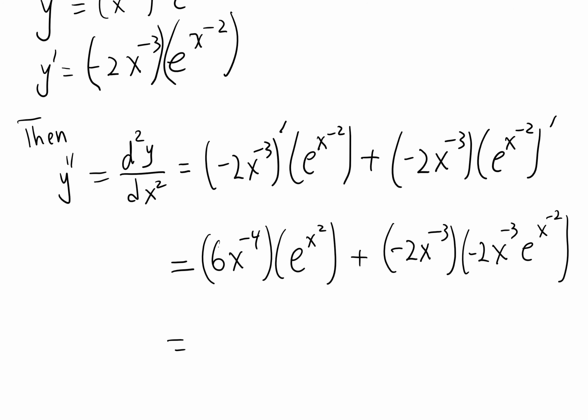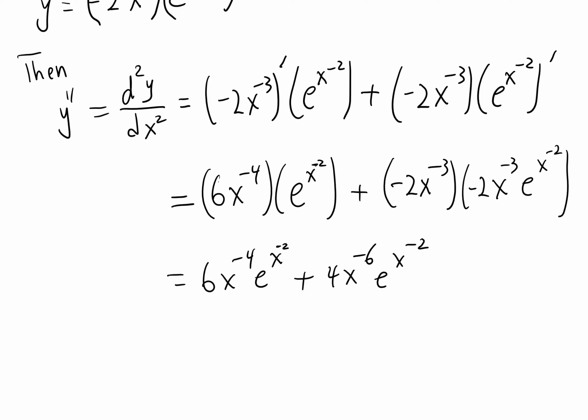The first one stays as is. The next one is 4x to the negative 6, x to the negative 2. Wait, there's a negative sign here. We can factor out, among the 6 and the 4, we can factor 2.